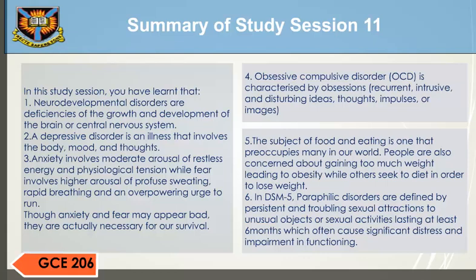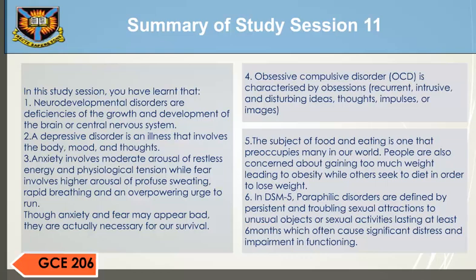Anxiety involves moderate arousal of restless energy and physiological tension, while fear involves higher arousal of profuse sweating, rapid breathing, and an overpowering urge to run. Though anxiety and fear may appear bad, they are actually necessary for our survival. 4. Obsessive compulsive disorder, OCD, is characterized by obsessions: recurrent, intrusive, and disturbing ideas, thoughts, impulses, or images.